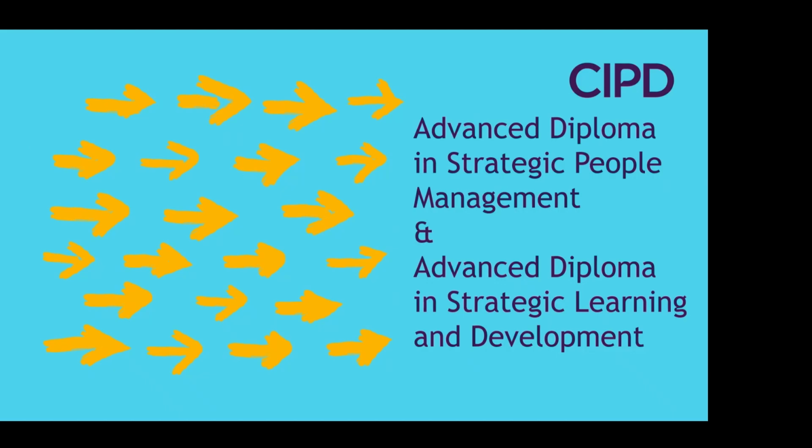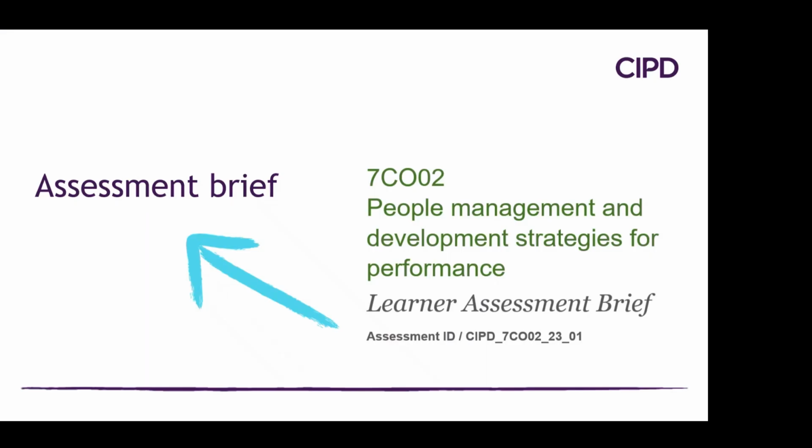So what we're going to do in this little webinar is I'm going to start with some general guidance for you, a little bit of background as to what we're looking for in general terms from level 7 assignments, and then a little bit of specific guidance, pointers really, about how you might consider tackling each of the questions which we set for this year.